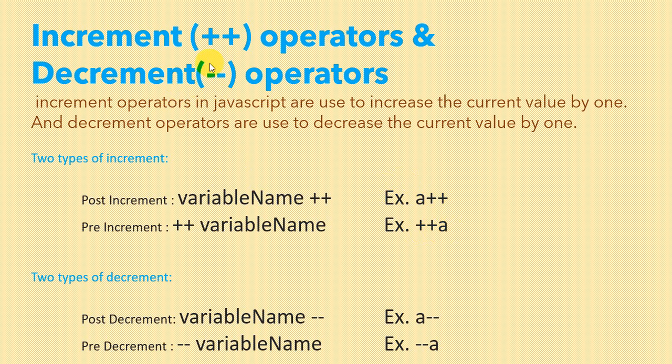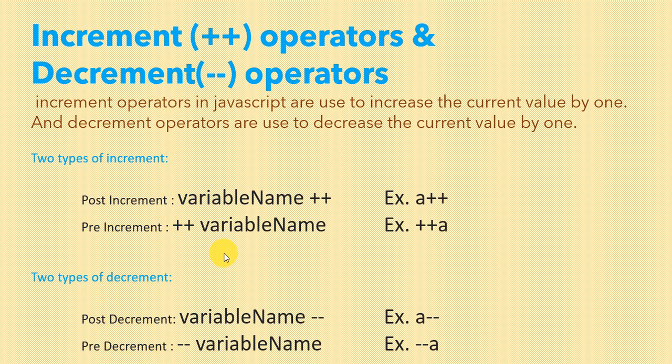Because we have two operators, one is increment and one is decrement, and on the basis of the behavior of how these operators are used, they can be categorized into two: post-increment or post-decrement, and pre-increment and pre-decrement. So we have two operators, increment and decrement, and they can be used in a programming language in two manners: they can be used pre and they can be used post.